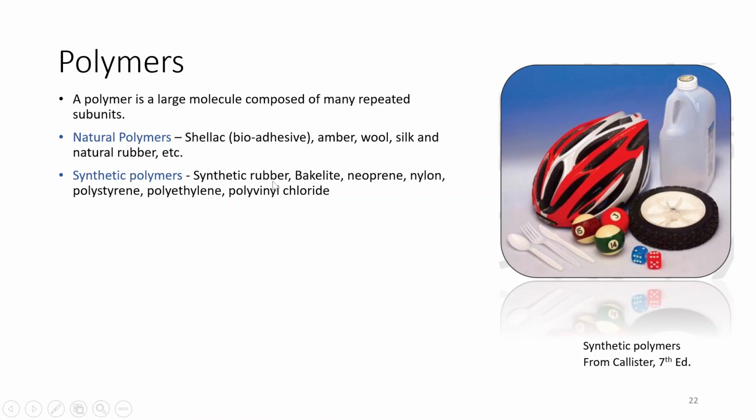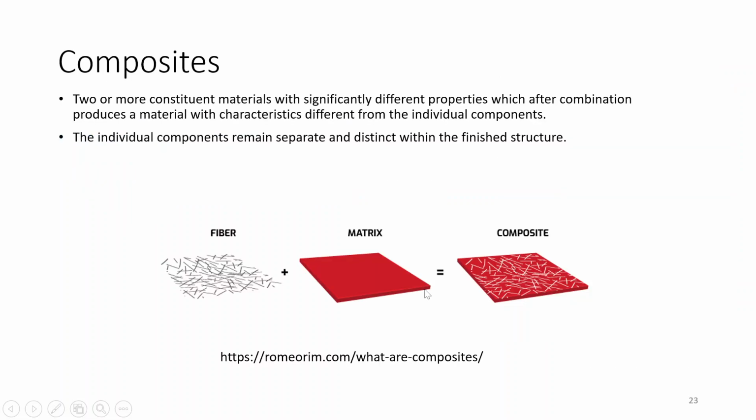In this case, synthetic rubbers, bakelite, neoprene, nylon, polystyrene, polyethylene, and polyvinyl chloride, PVC, are all synthetic polymers, and some of the applications are in making bottles, tires, snooker balls, helmets, and spoons.